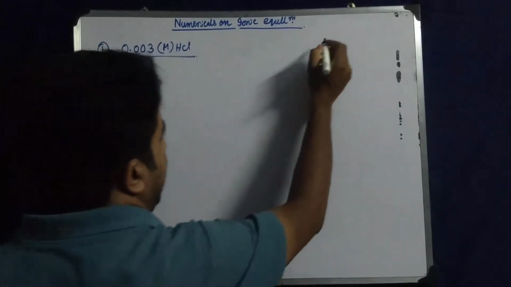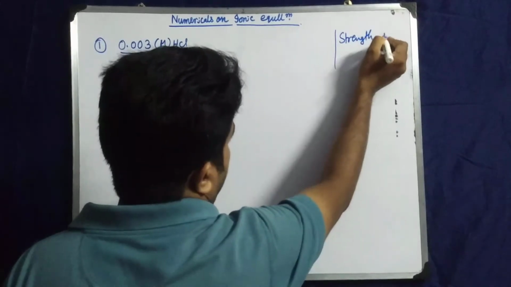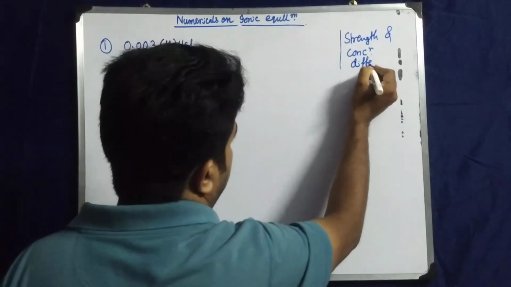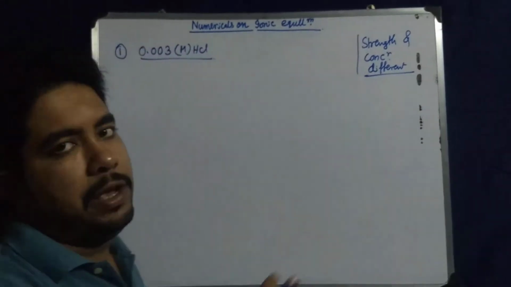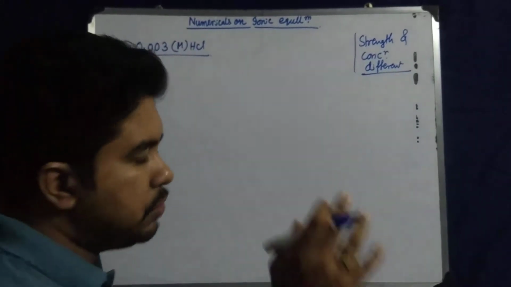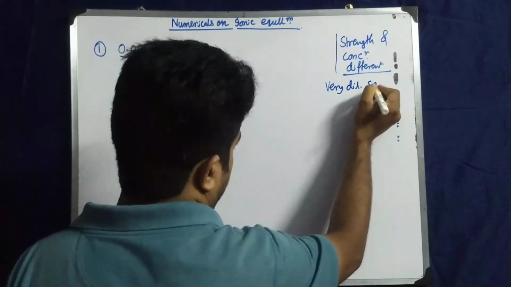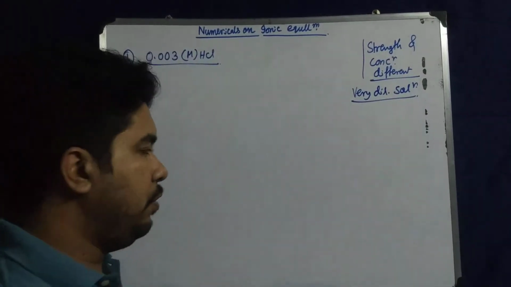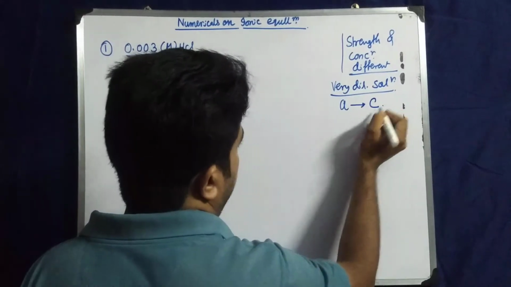You may have the idea that strength and concentration, these two terms, are different. Yes, they are different from each other, and I know you have this idea already. But in this chapter, we are dealing with very dilute solutions, so we will always consider that strength tends to concentration.